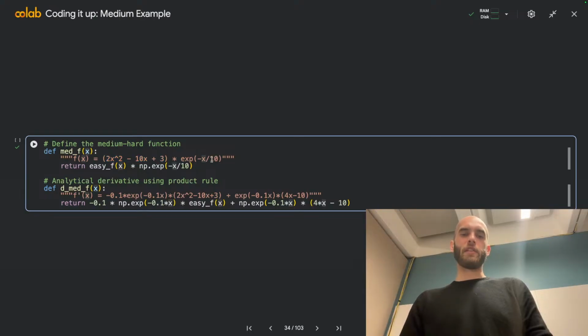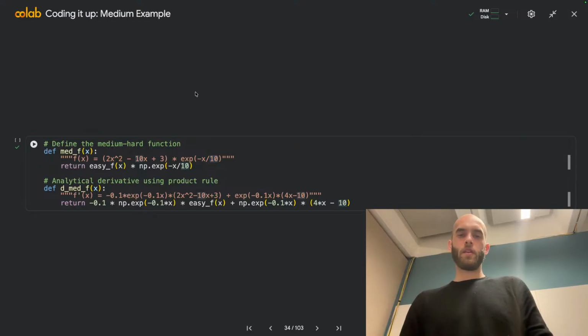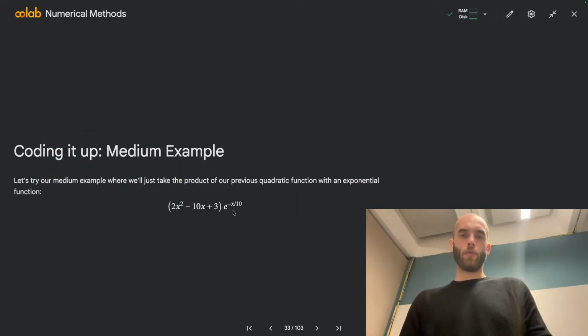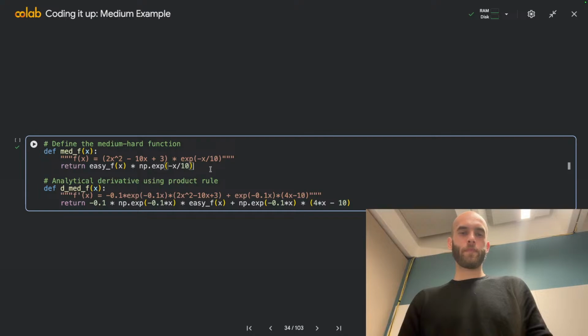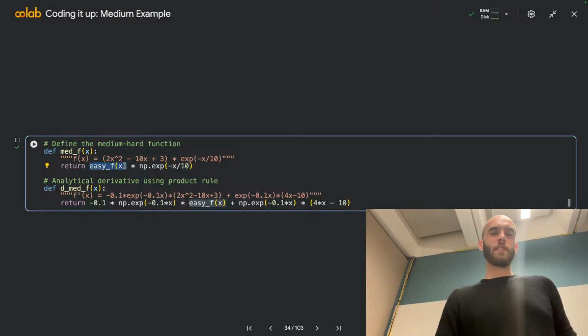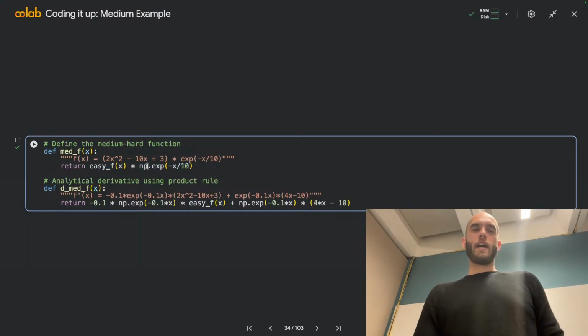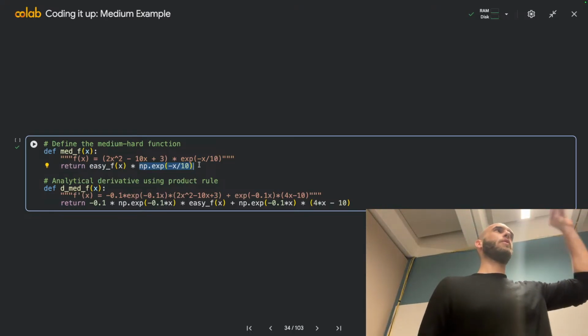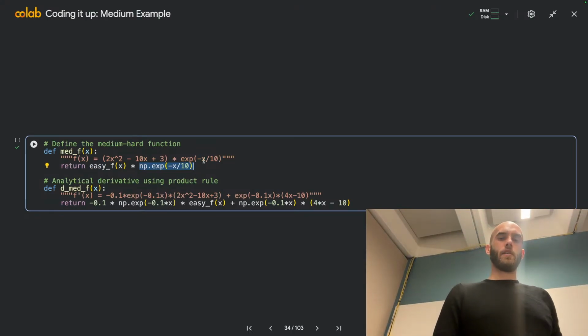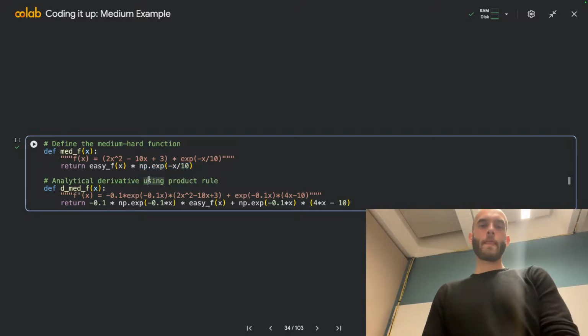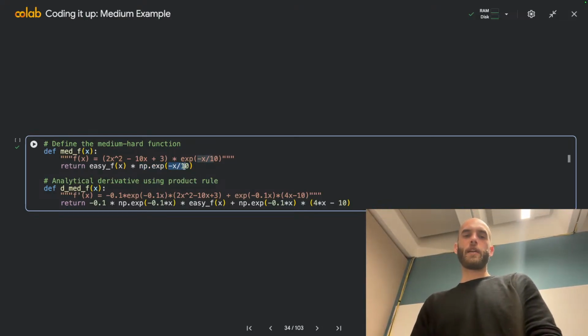And then I've defined lambda to be 1 over 10. So we're just going to use this. This is essentially easy f times e to the something, and the exponent is negative x over 10.